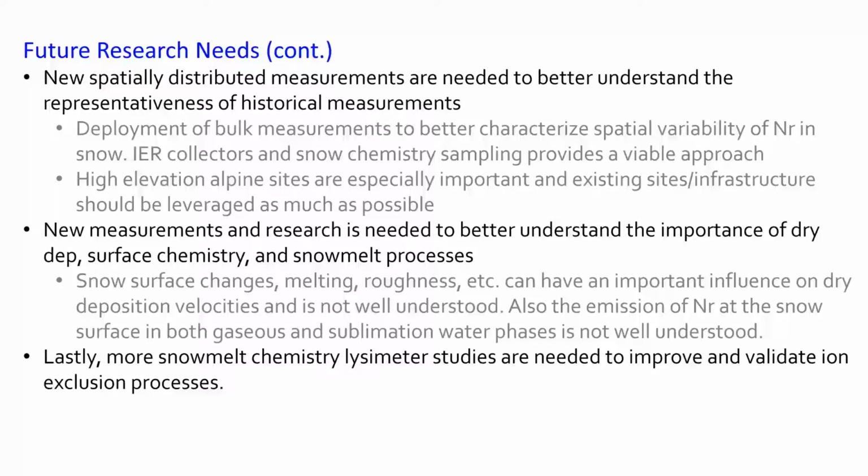So there's been some efforts using bulk collectors and a combination of using ion exchange resin collectors with bulk snow chemistry sampling that has been shown to be a potentially viable approach for some of these more spatially distributed campaigns. And we also highlighted really the need for high elevation, particularly alpine monitoring.